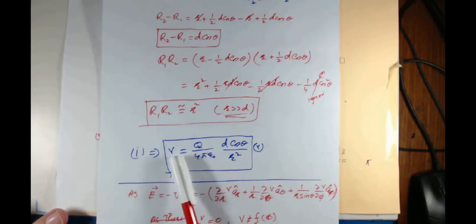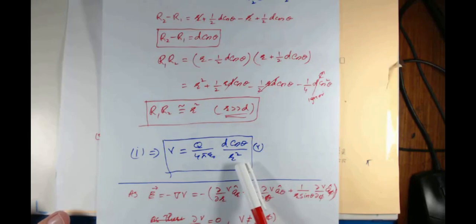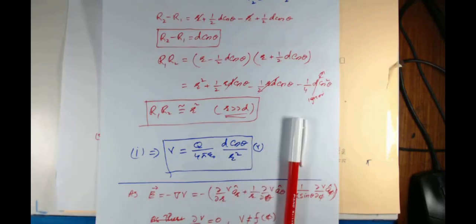The potential is equal to Q divided by 4 pi epsilon naught, d cosine theta divided by r square. If you look at this expression, we can see that the potential due to the two point charges is inversely proportional to the square of the distance between the source point and the observation point or field point.